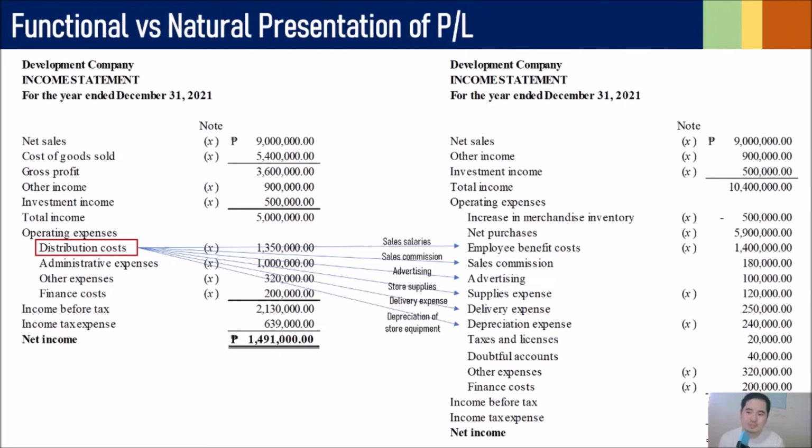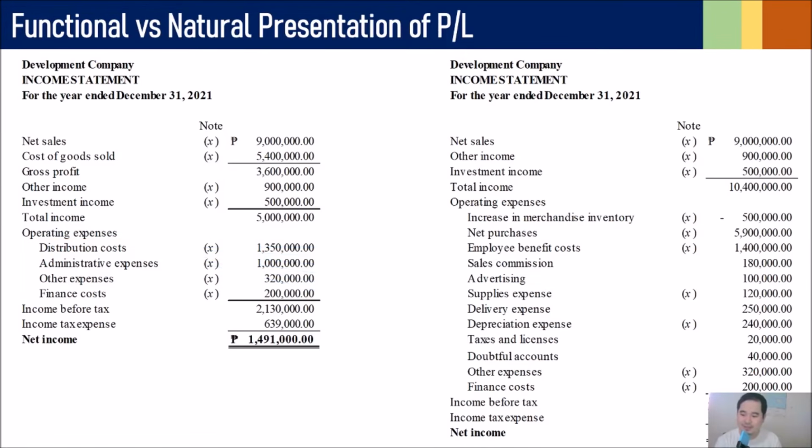So, nung ipe-present mo na siya under natural presentation, naka-breakdown na po siya, nakagrupo na po siya kung ano talaga siya, ano yung nature niya. Pero pag functional presentation, nakagrupo po siya base sa function niya, which is, function niya sa selling area, distribution cost. Okay? And then, administrative expenses naman po natin, tignan po natin.